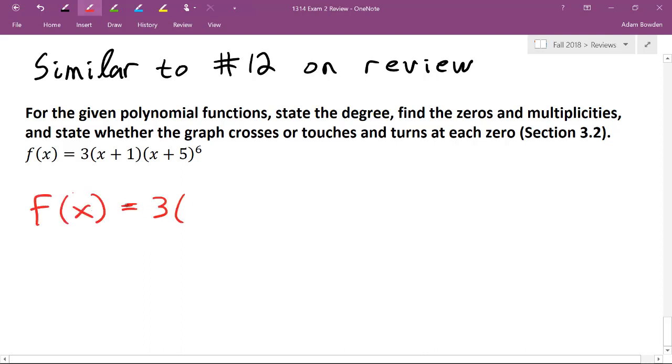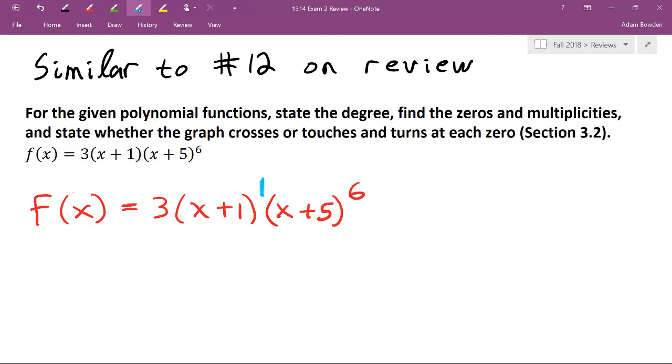The degree is the highest power of x when everything has been multiplied together inside the function. Being that it's written in factors, to find the degree we need to combine all the powers together to know what the biggest power is if everything's multiplied together. So in this case we have a power of 1 above this one.